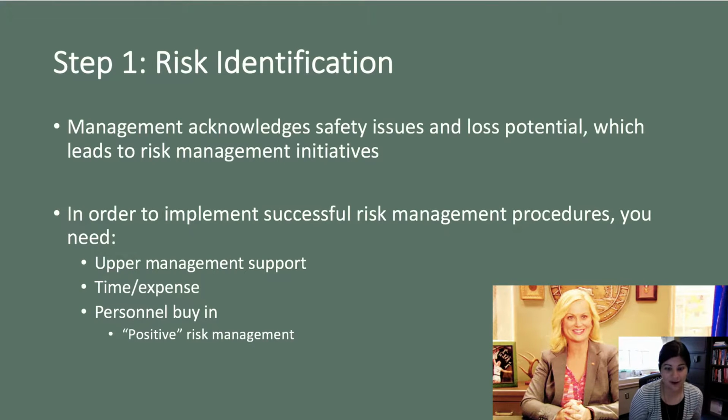Again, we said it's important for everyone to be involved in this process, but without upper management support, providing the actual resources to do this, whether that's financial or time, then it's very difficult to actually start the risk management process. So you can see here, that personal buy-in is really important.